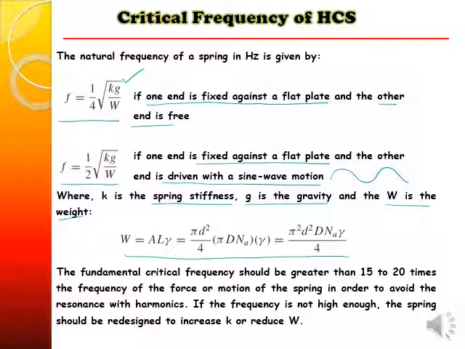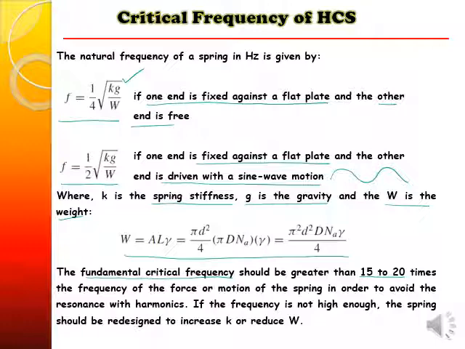So what is the conclusion? The conclusion for the frequency is that the fundamental critical frequency must be greater than 15 to 20 times the frequency of the force or motion of the spring in order to avoid resonance.